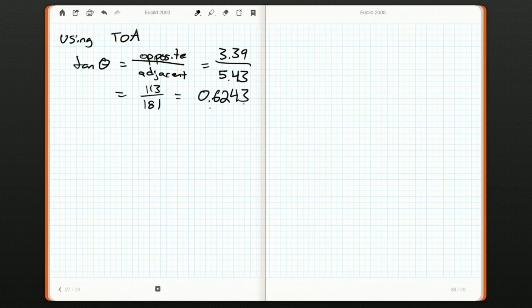Am I going to use this in the calculations? Absolutely not. When I do my calculations, I'm going to use the whole fraction, 113 over 181. If you start rounding off your numbers now, you can introduce a source of error that can definitely put you off by more than 10 kilometers, in which case you're going to get the wrong answer in the end. Okay?